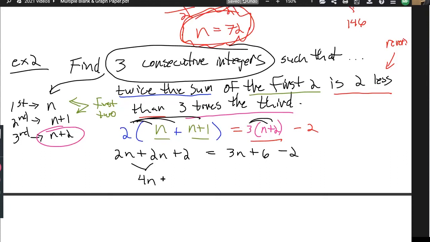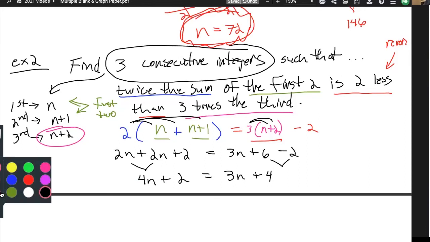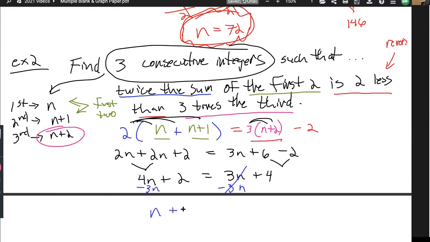So this is 4n plus 2 equals 3n plus 4. Now we do have variables on both sides, so let's get rid of the smaller one. Get rid of 3n on both sides. Then you get n plus 2 equals 4. Get rid of that constant term on the variable side. n equals 2, and you don't have a coefficient, so this is the answer to your equation.